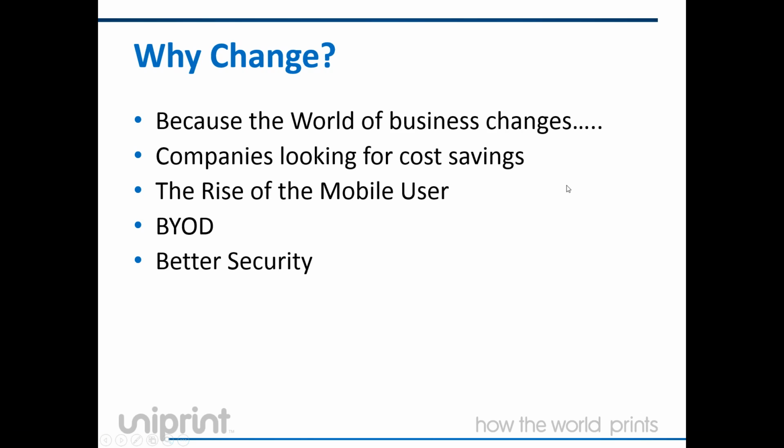There's also an element of we need better security, and the reason is that we've spent a lot of time within organisations closing down loopholes around email, around USB ports. We've put sniffers in, we've done this and the other.